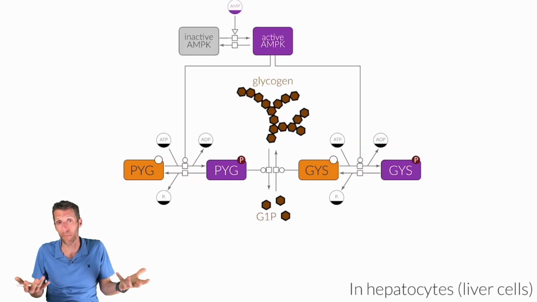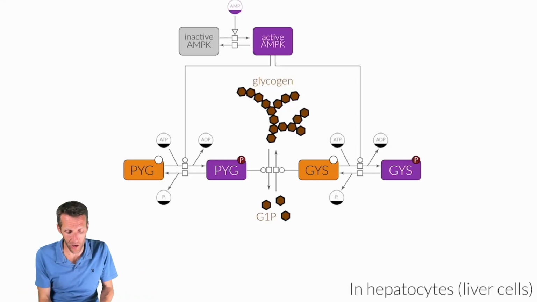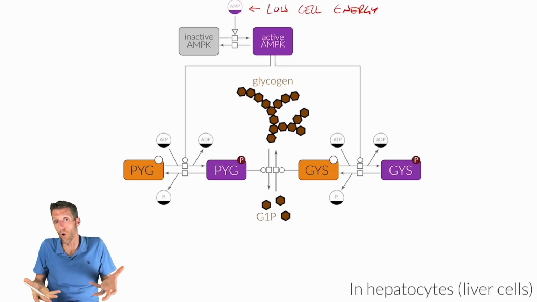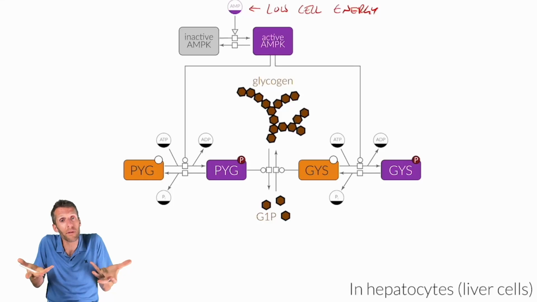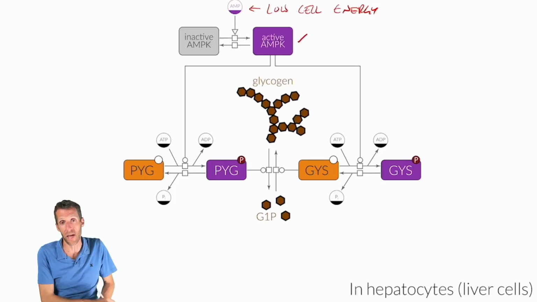What turns that enzyme on? It turns out it gets turned on by AMP, which is low cell energy. If your cellular energy is low, AMP starts to build up. As AMP concentration starts to build up, it activates AMPK.